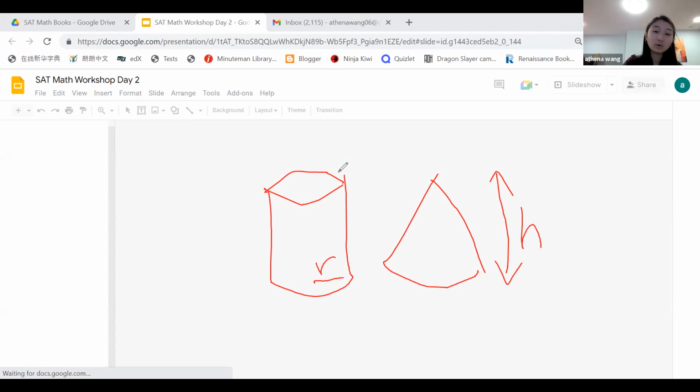So this is R1 and this is R2. And we also know that the volumes of these two solids are the same too. So we're trying to find the ratio of R2 over R1.